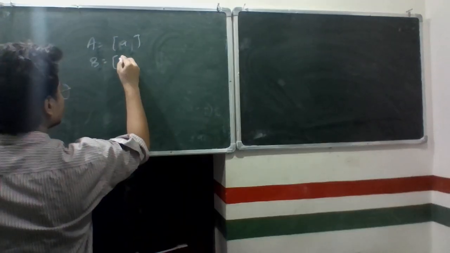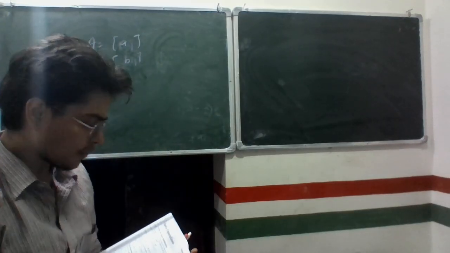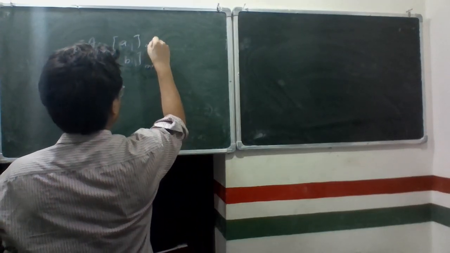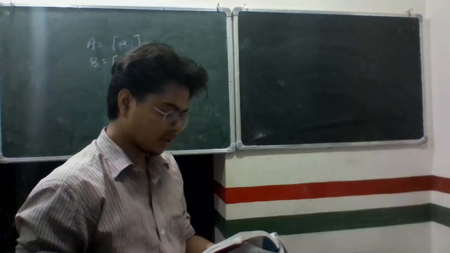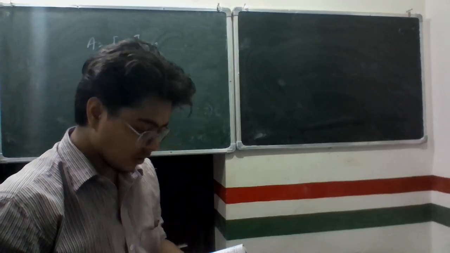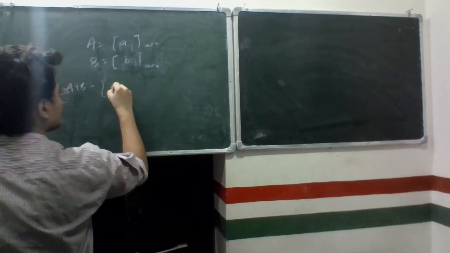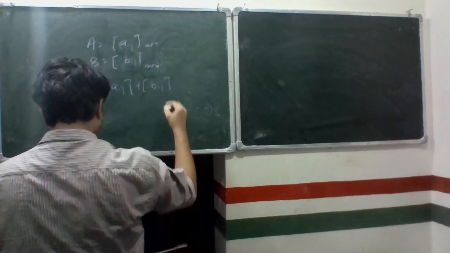Similarly, we have B, which is denoted by Bij. These two matrices are of the same order, M cross N, and they are said to be conformable for addition, and the sum A plus B also has the same order. We can write A plus B is equal to Aij plus Bij, right?